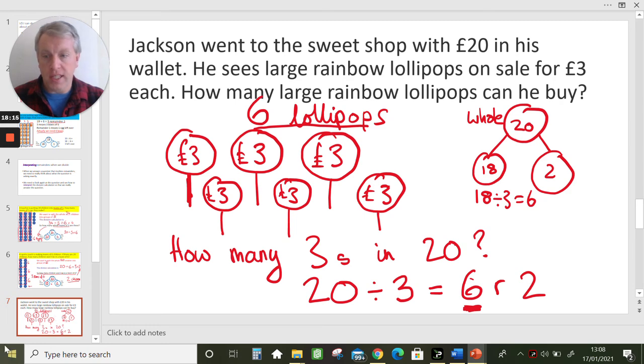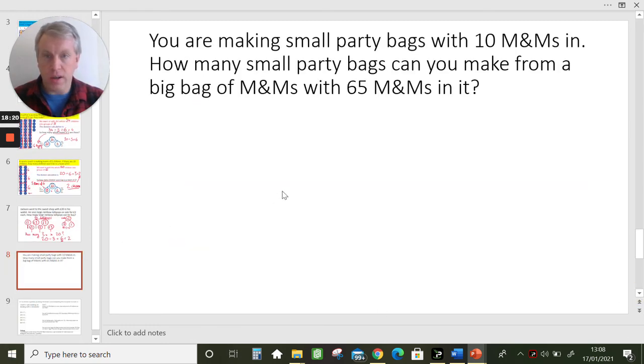Ooh, let's have a go at our last question. You're making small party bags with 10 M&Ms in. And how many small party bags can you make from a big bag of M&Ms with 65 M&Ms in it?